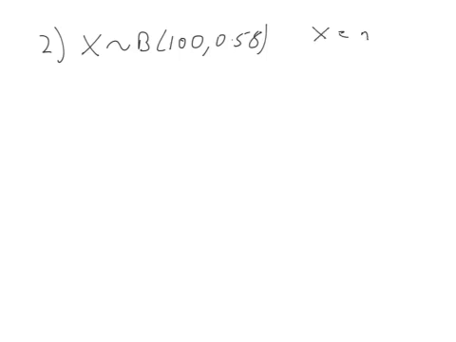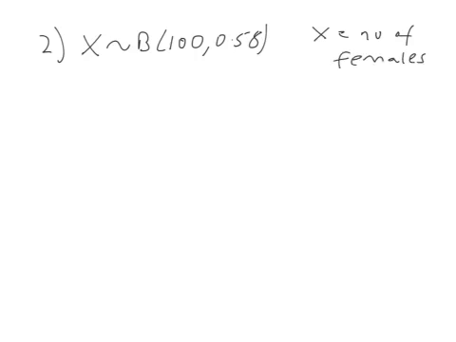Now in question 2 of the stats paper here, we can say that x belongs to the binomial distribution with parameters 100 and 0.58, and x is the number of females.